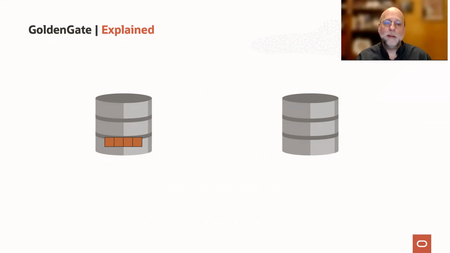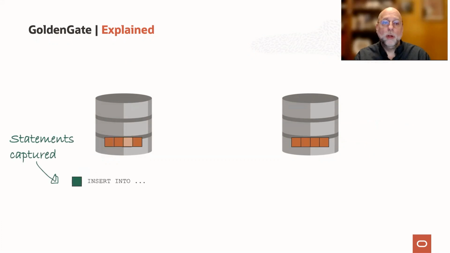So you'll always start with an initial copy of that database, whether you're using data pump, transportable tablespaces, even an RMAN backup and restore could be that initial copy. What GoldenGate's going to do is, while that copy and instantiation is taking place, capture statements on your source database, which is still in use by your users.